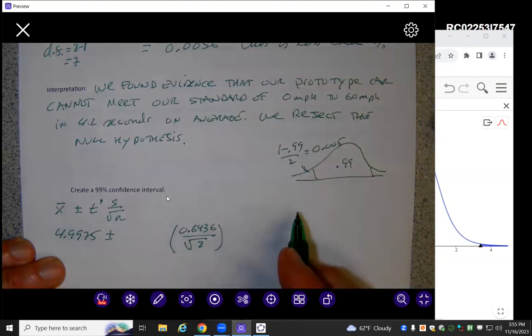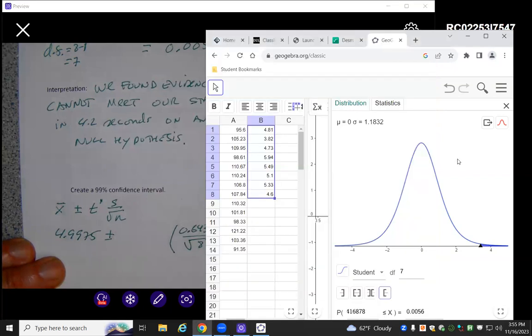Okay, so that means I need to go to GeoGebra. And what are my degrees of freedom? Well, it was 7, and I left it at 7, so we're happy there. But I need to enter here this endpoint. 0.005. And I get my T critical, which is 3.4995.